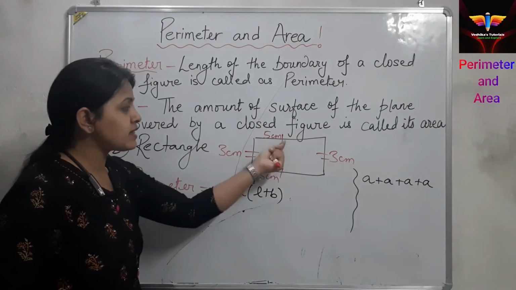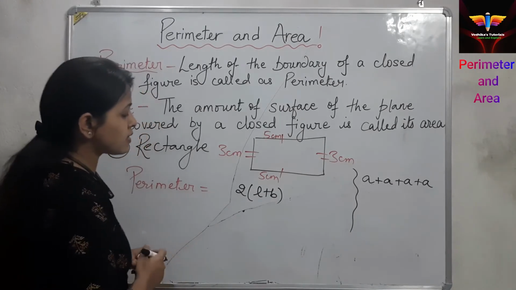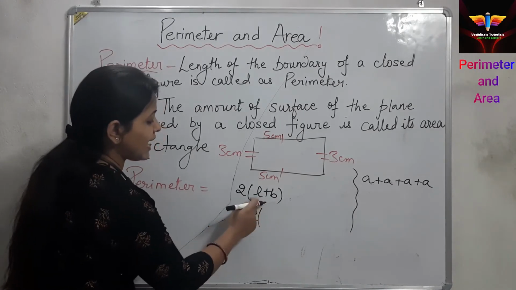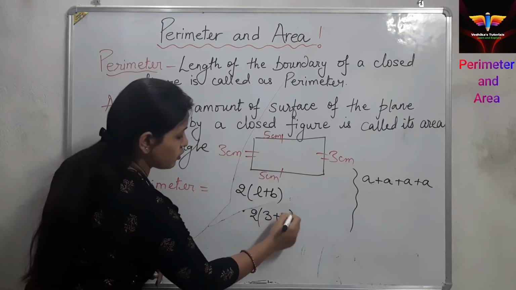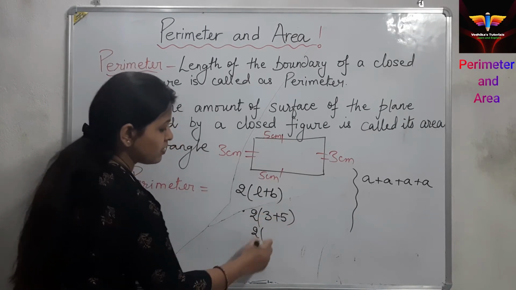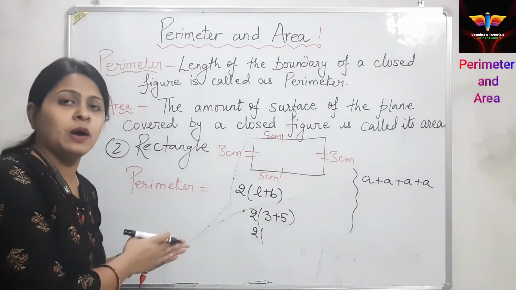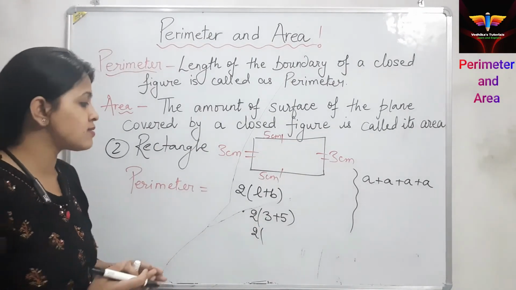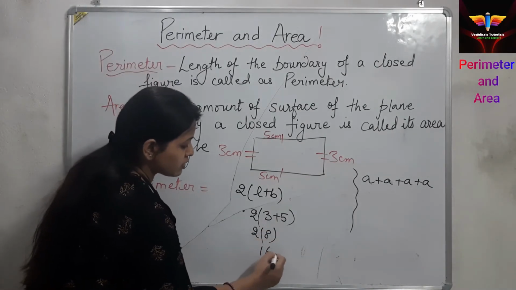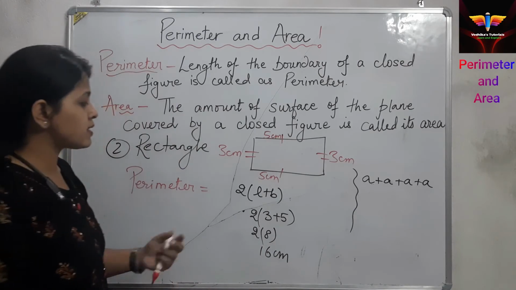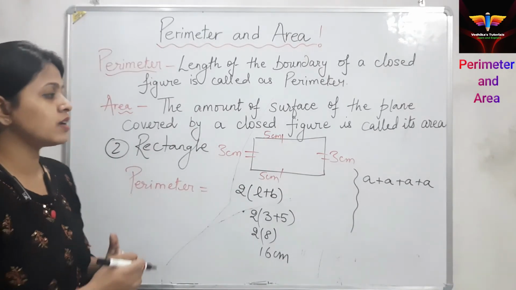Here length and breadth are of different size, so we can take it like this: 2 into length plus breadth. Length is 3 plus 5. Now we need to solve the bracket first, as in BODMAS we have talked about this. So 5 plus 3, 8. Now 8 into 2, 16 centimeter. Okay, 16 centimeter is the perimeter of the given rectangle.